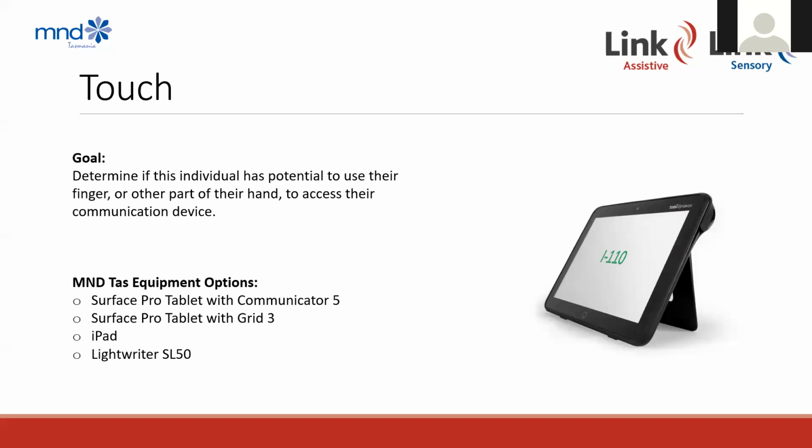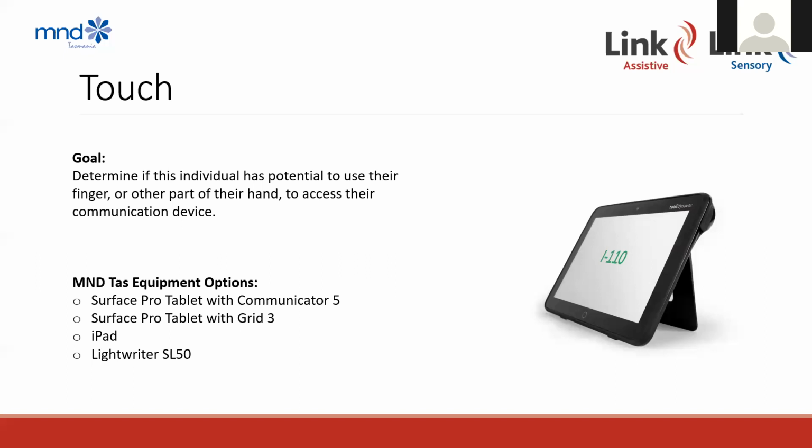So you want to determine, is touch access suitable? If it is, then that's the access method you pursue. If it's not, you rule that out and keep moving down the list.